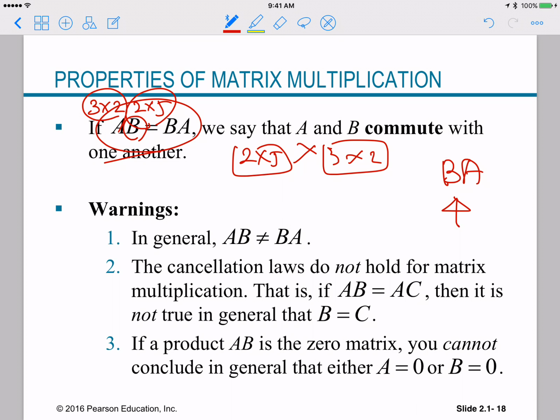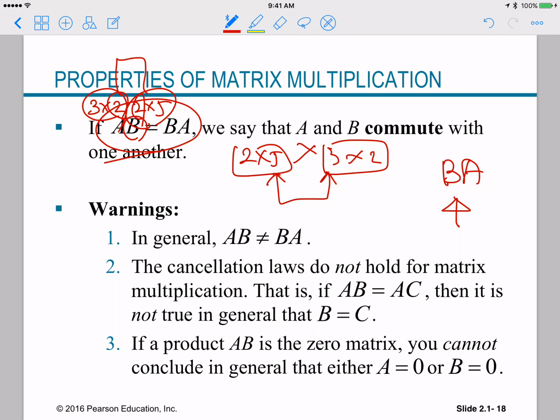Originally, A times B can be defined because of the size match, right? So the 2 and 2 here are the same, and that's why we can define the matrix multiplication. But if we switch the order, in general, if the sizes are not matching, it cannot be defined.